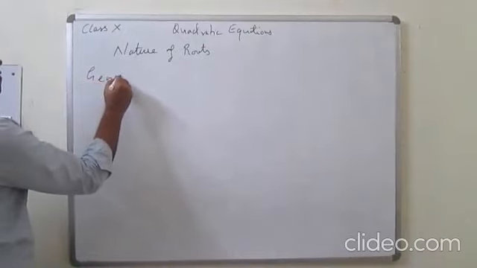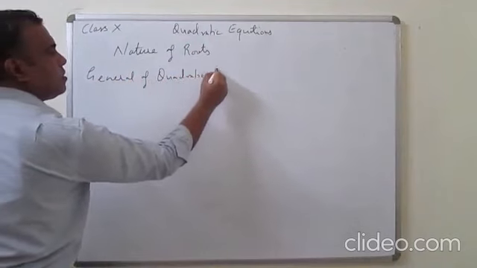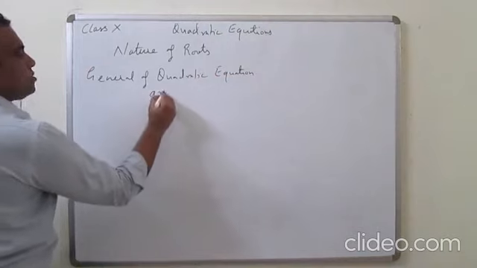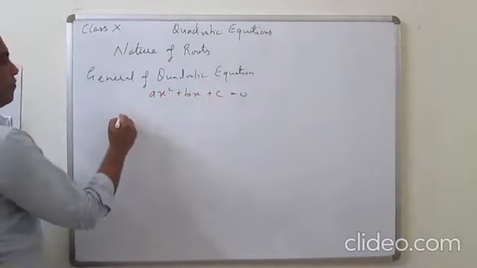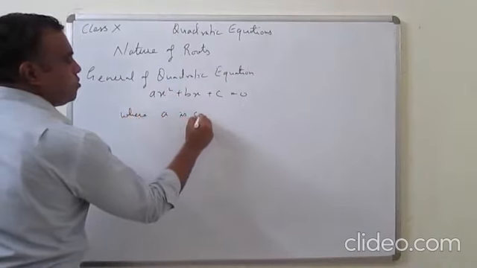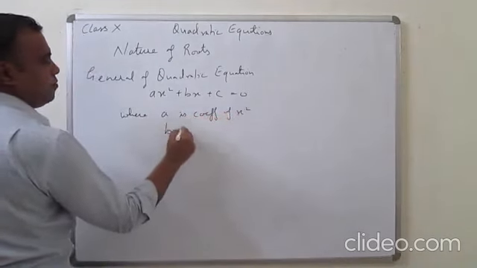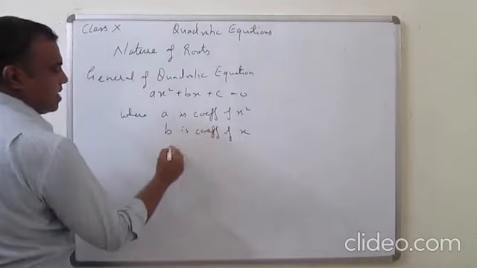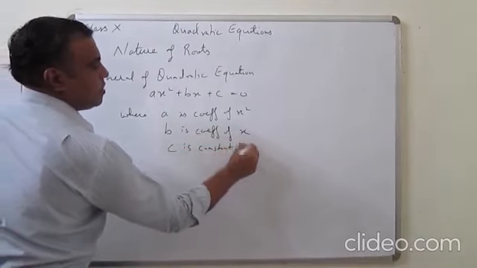General form of quadratic equation: ax square plus bx plus c is equal to 0, where a is coefficient of x square, b is coefficient of x, and c is constant term.